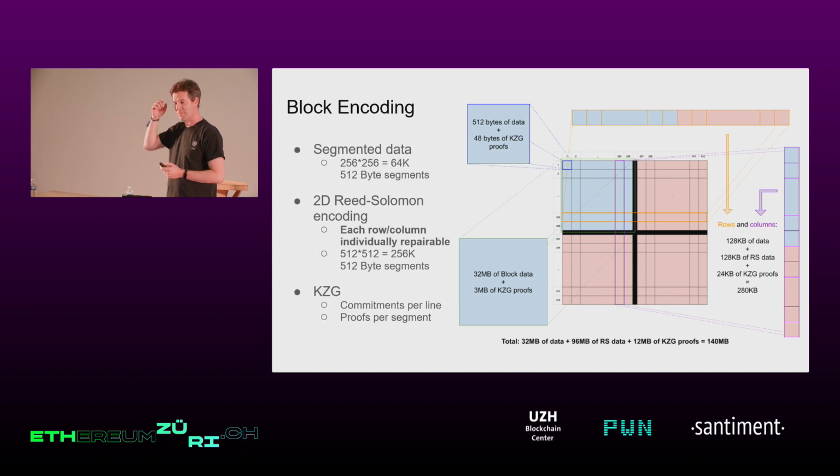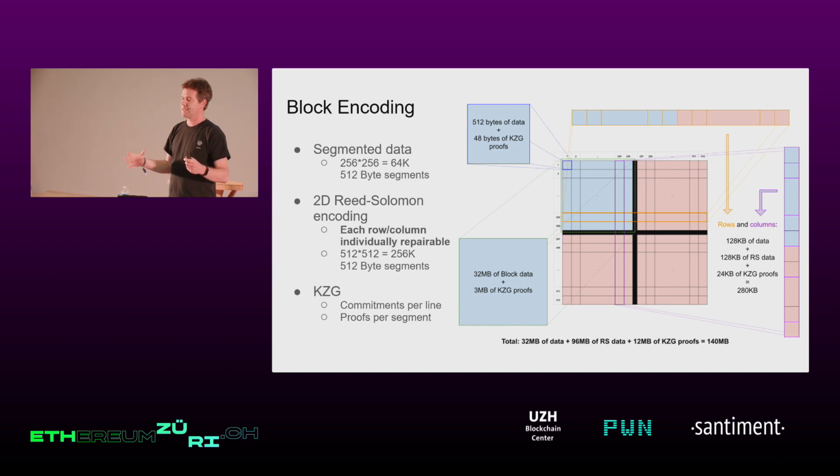It's a 2-dimensional Reed-Solomon encoding, which has a nice property that if you have K pieces, in this case 256 pieces of an individual row, then you can reconstruct the row. Or if you have 256 pieces of an individual column, then you can reconstruct the column.